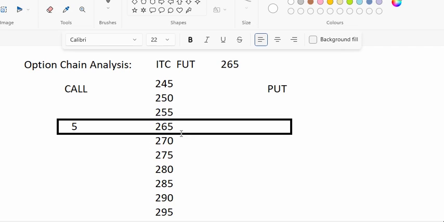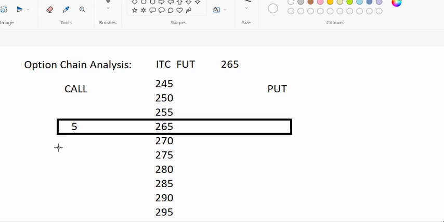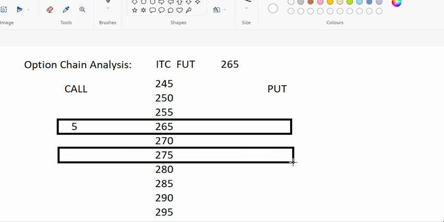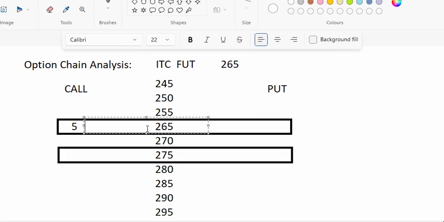What if it goes to 275 rupees at the end of this month, which is around 10 days from now? What will be the total value of the call option at that time? From here, it will go all the way to 10 rupees because the price has now shifted 10 points from 265.